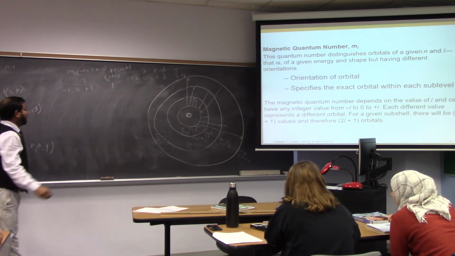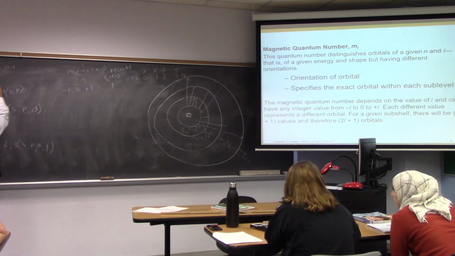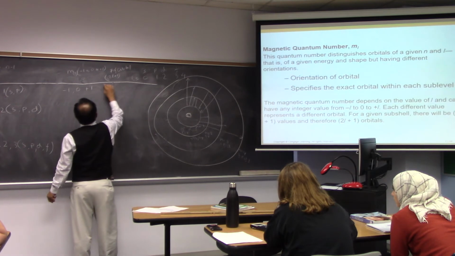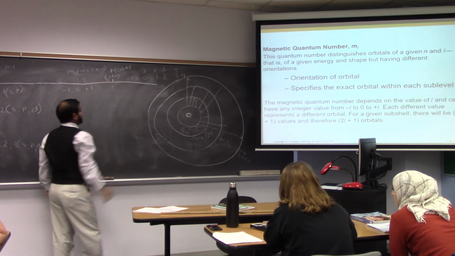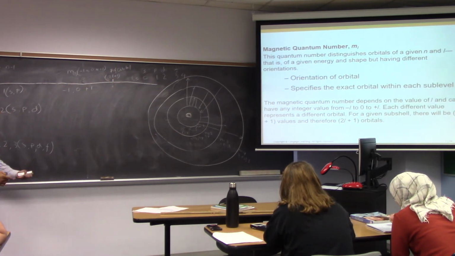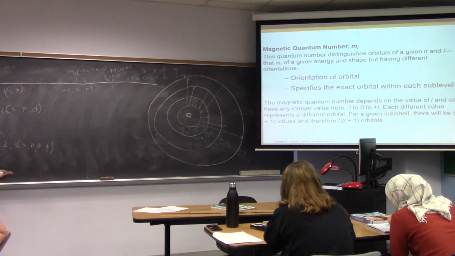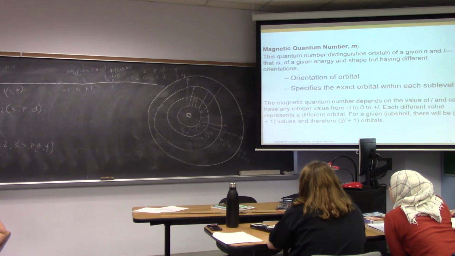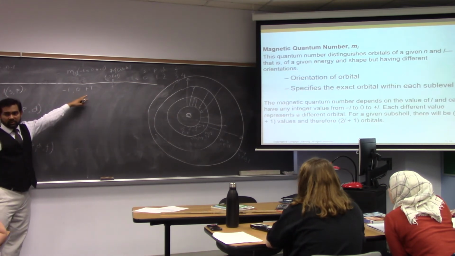Let me put a line here, that will be easier. So the first level has only 1 orbital, a single orbital. We already saw that, so it is theoretically proven as well.